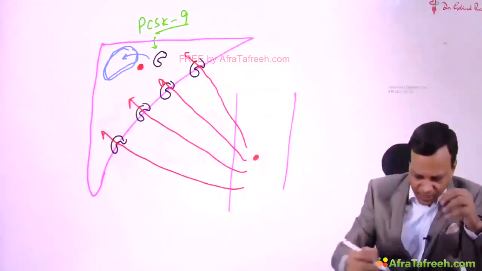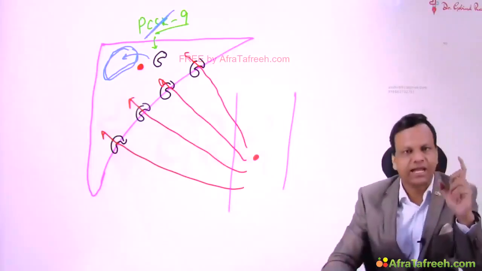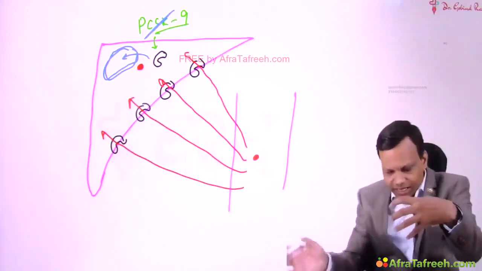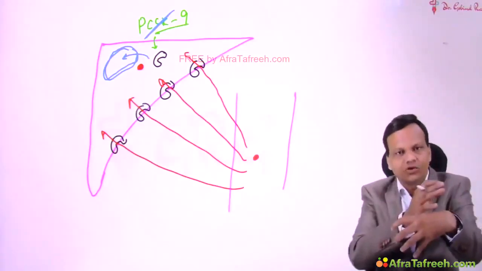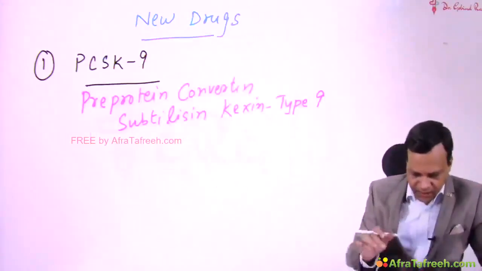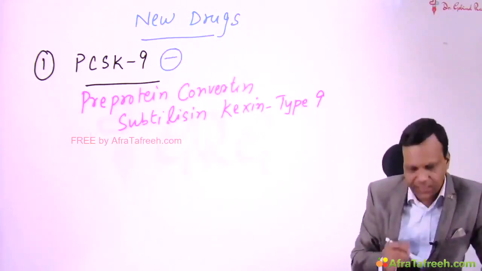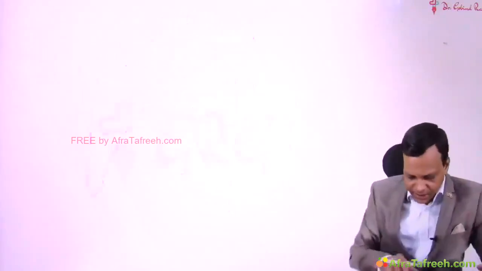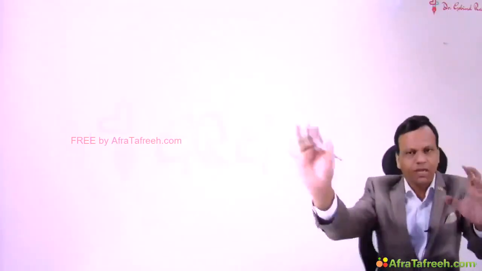So if we inhibit this PCSK9, then LDL receptors will not be broken. When more LDL receptors are present, they can take up the cholesterol from the blood. So we can use such a drug as a hypolipidemic drug. Okay? So the drugs which inhibit PCSK9 can be used as hypolipidemic drugs. There are two types of drugs.